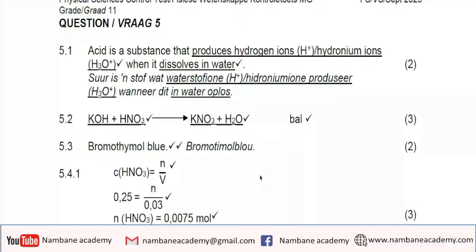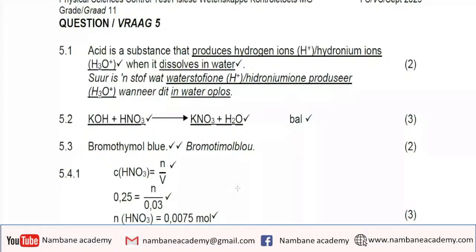Then that's the second mark for KNO3 plus water, in any order as well for those products. And then because this reaction is automatically balanced, that will be the third mark. But learners will not get the third mark if those substances are not correct. So that will be for 3 marks at 5.2.